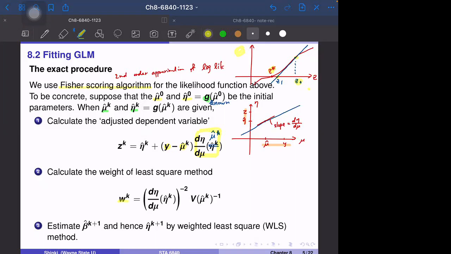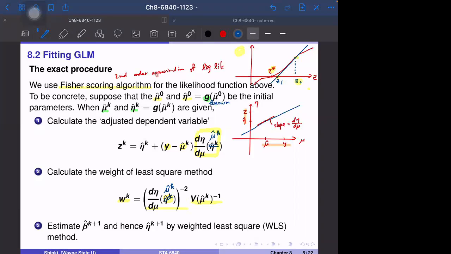Then we calculate the weight for the least squares method. Last time in the slide we saw the variance, but if we make a more accurate argument, we have d eta d mu, which I should say is evaluated at mu hat k, since this is a function of mu.